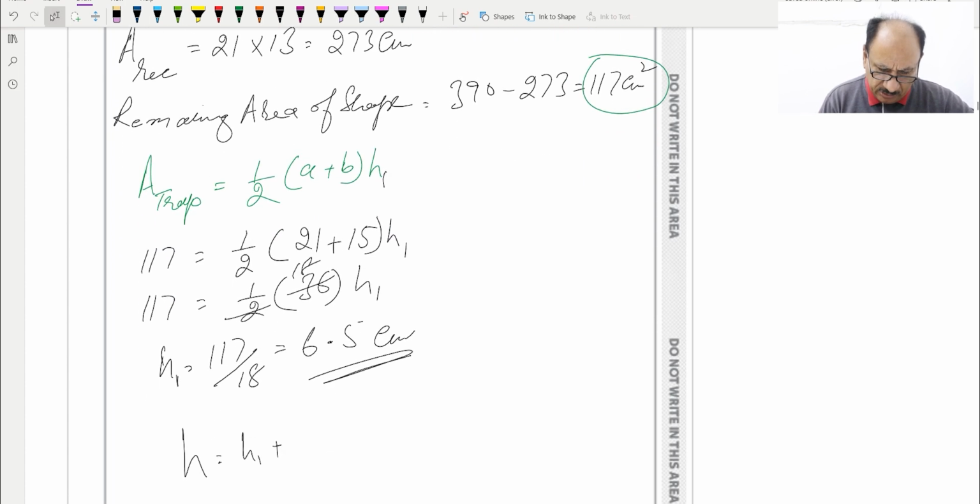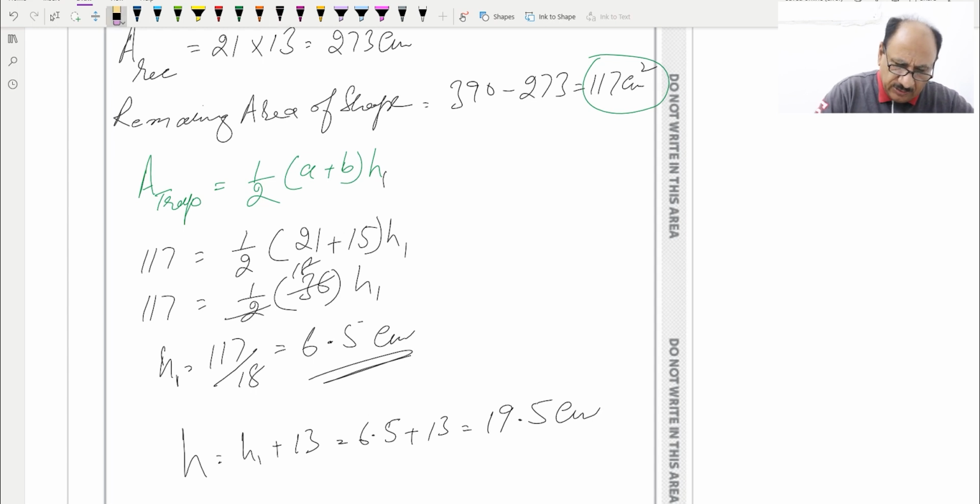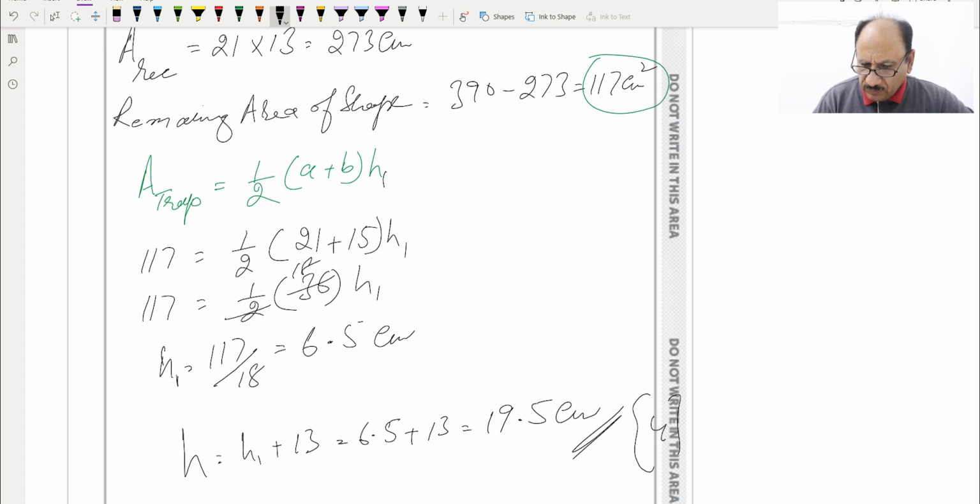So we'll write h1 plus 13, which is equal to 6.5 plus 13, which is 19.5 centimeters, and this will be our final answer, and this is for 4 marks. It was easier, you just need to apply the formula for a trapezium and rectangle, that's all.